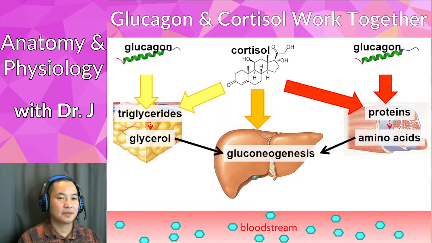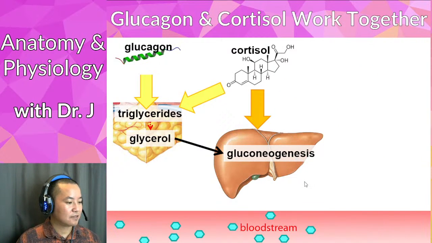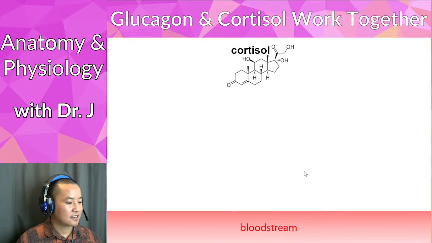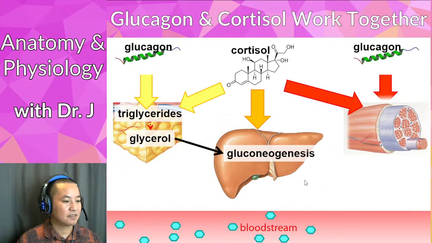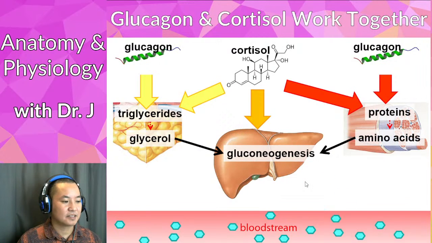Instead of building things up, they're breaking things down and creating more glucose molecules. And what we see is that before and after, we're increasing the amount of sugar and glucose in the bloodstream. So glucagon and cortisol are going to increase the levels of blood sugar in your body.